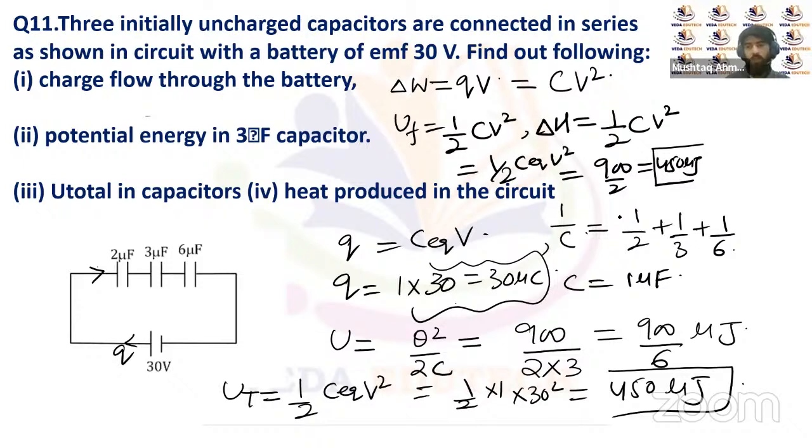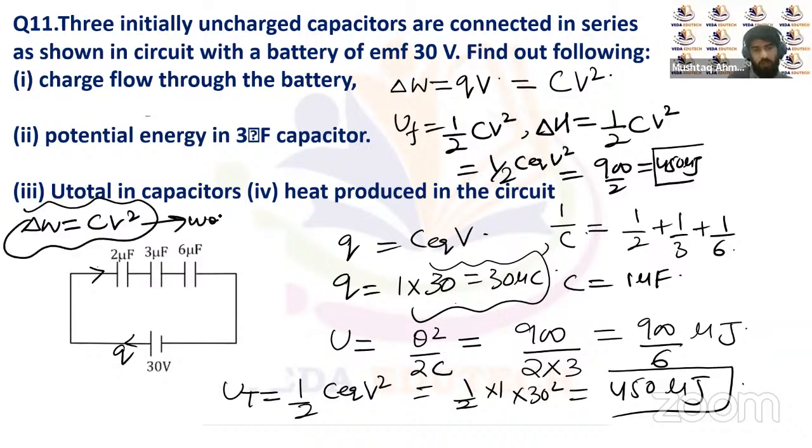So the heat produced in the circuit will be 450 microjoules, or we can say the work done by the battery is always CV square, right?